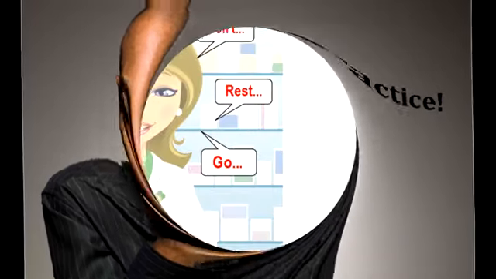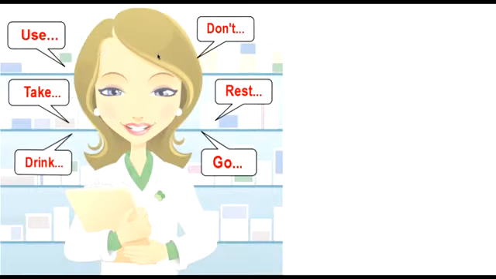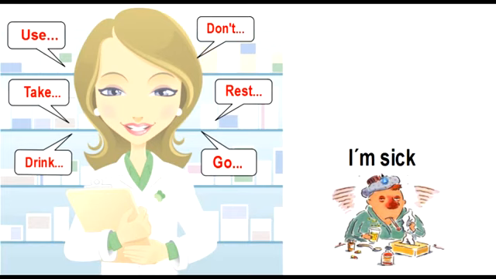All right. So now it's time to practice. So get ready. Now to practice, we are going to see different health problems. For example, I'm sick. And we are going to think of the correct imperative for different suggestions from the doctor or the pharmacist.